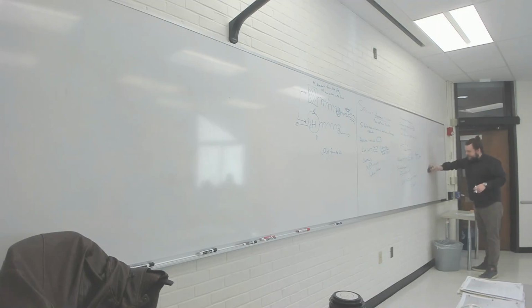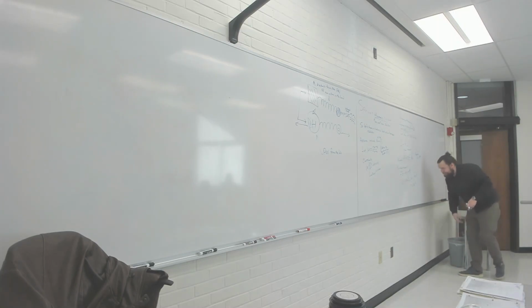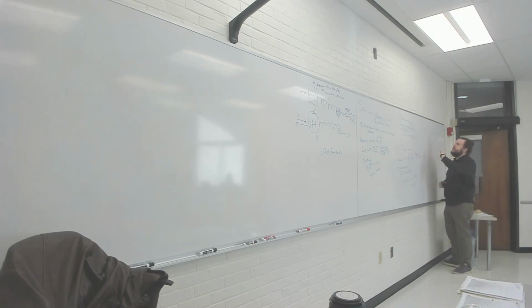So the equation that we need to solve for our motion, the wave functions of our system, looks a little different than it does in the classical case. What we want to solve, H here, is minus h bar squared over 2 mu d squared dx squared plus 1/2 kx squared.